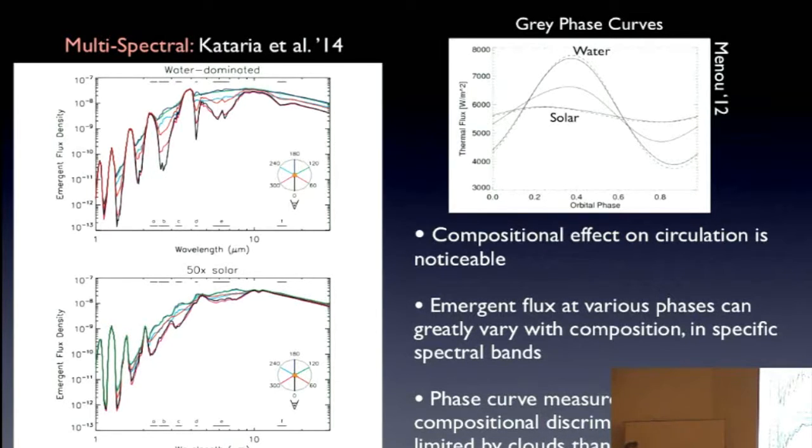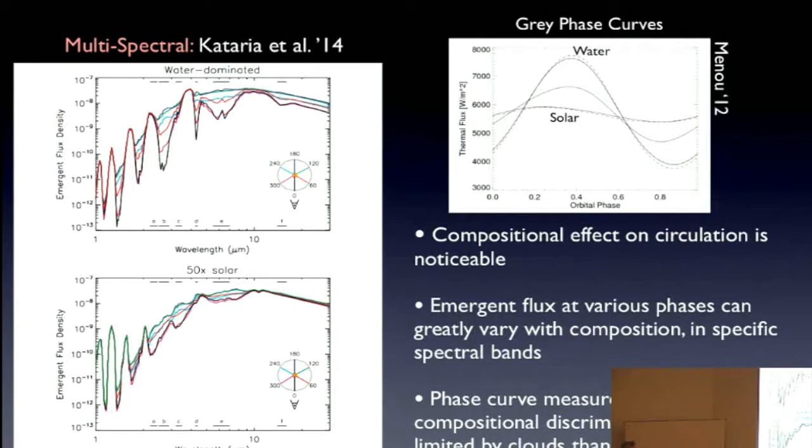This feature, you see the different colors of lines correspond to different phases, so where you look at the planet on its orbit. And so basically, if you stick at this wavelength here and look at the planet, you see a strong modulation of the phase curve. It goes up and down as it goes along the orbit. So something like that for water.